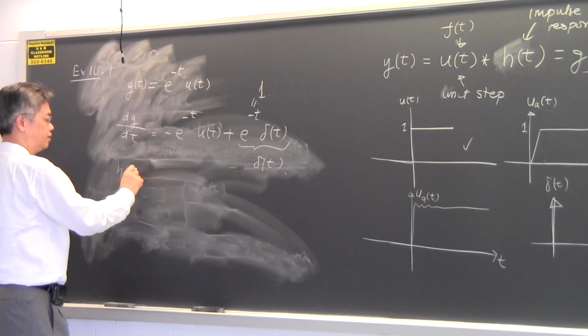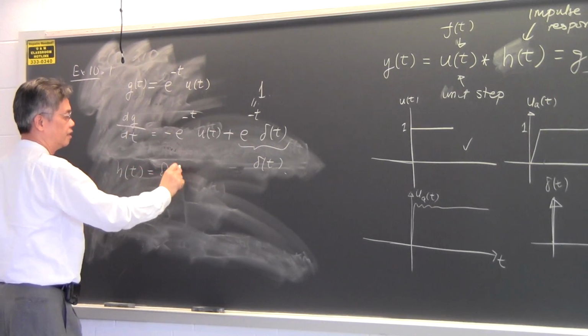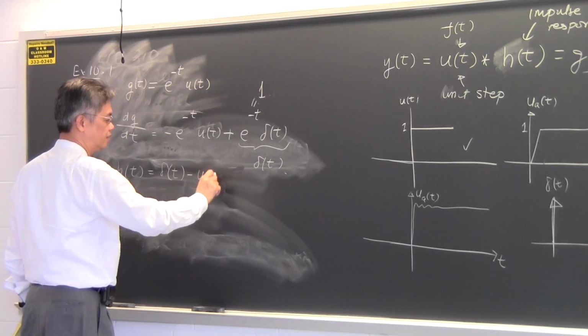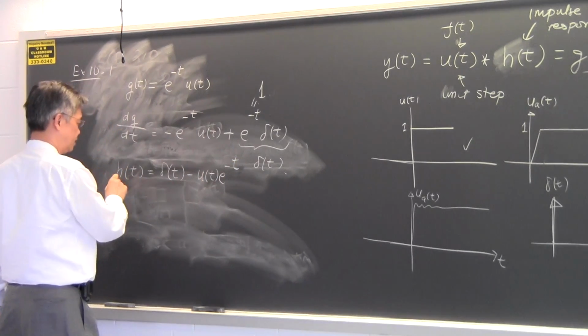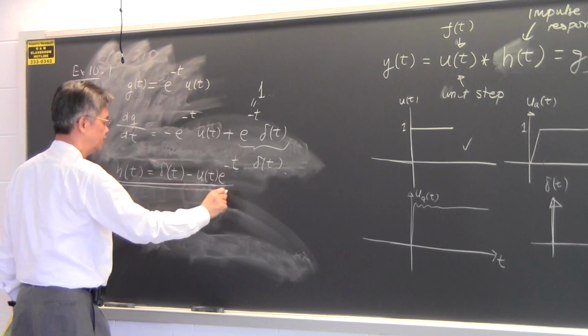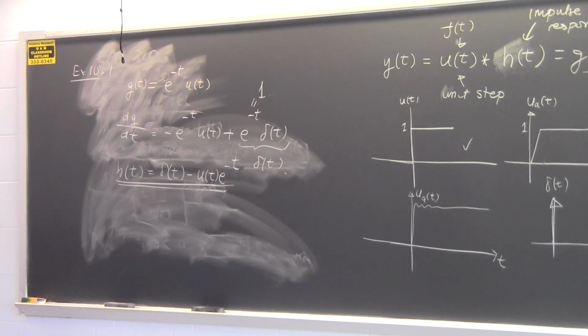So the impulse response is just equal to delta(t) minus u(t) e to the minus t. So this is the impulse response of the system, if that is given to be your g(t).